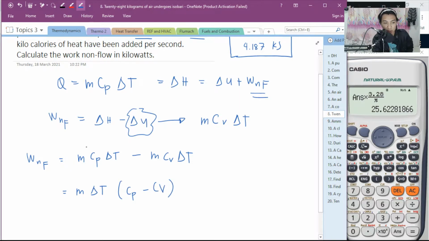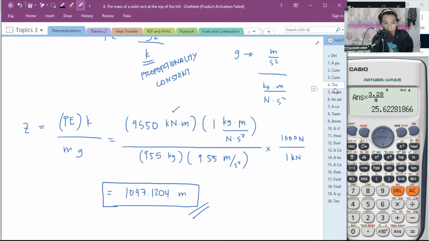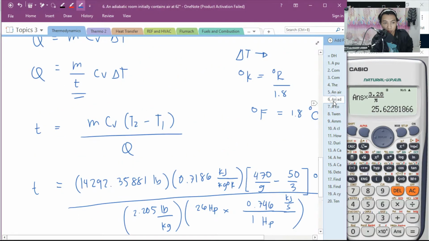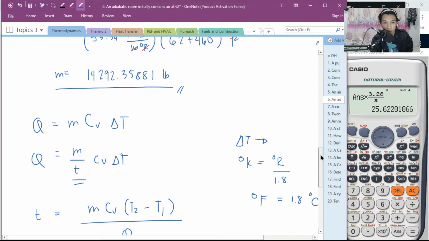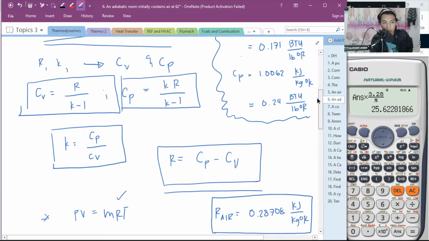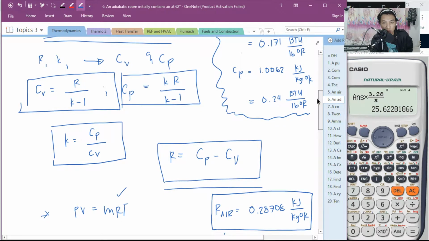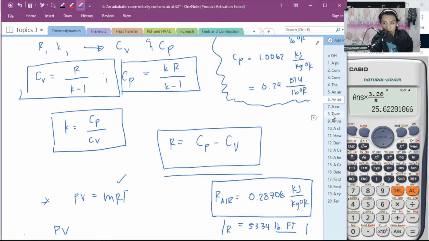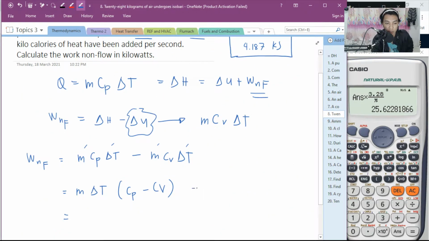Pansin nyo, common kasi si m, si delta T, sa dalawa. Inilabas ko na lang. Pero makita nyo, m delta T, ano yung Cp minus Cv? Going back doon sa binigay ko kanina. Ayun. Cp minus Cv is R. That is equal to m R delta T.